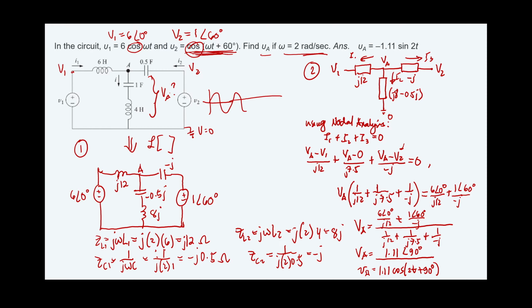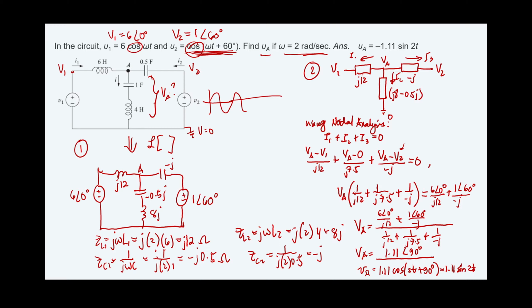But cosine 2t plus 90 is actually equal to 1.11 sine 2t, which is the same as our final answer. I hope you get the two steps.